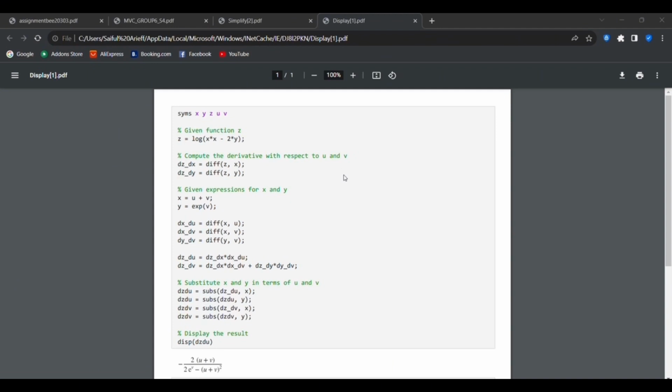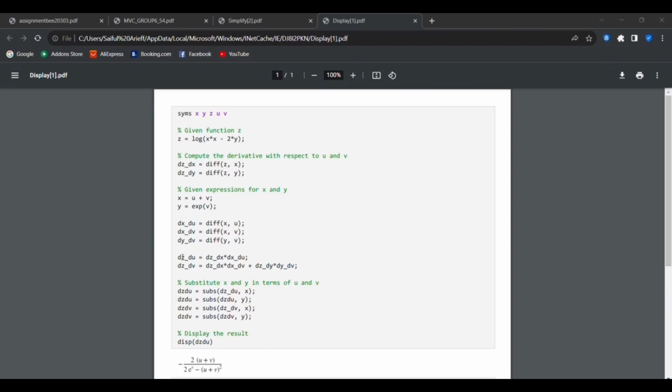Next, we write down the equations of x and y. Then we differentiate x with respect to u and v, and y with respect to v.